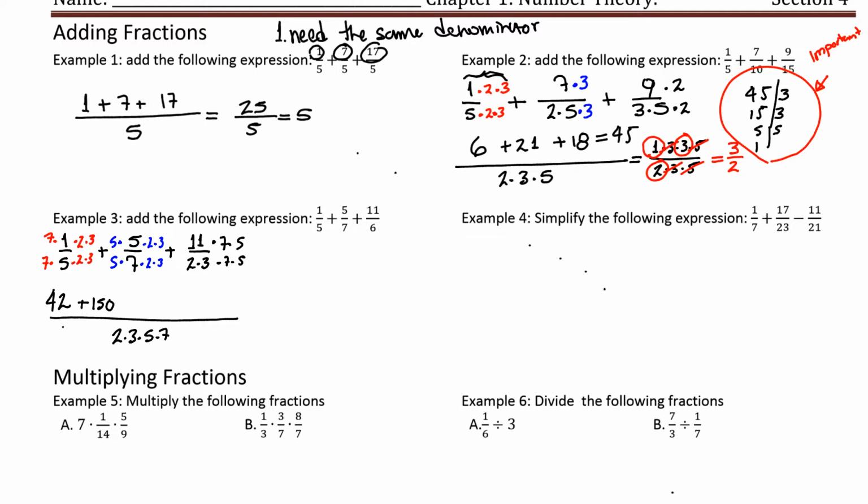Then we have 11 times 7 times 5, which gives you 385. Now we're going to add all three together. And you're going to get 577 over 2 times 3 times 5 times 7.